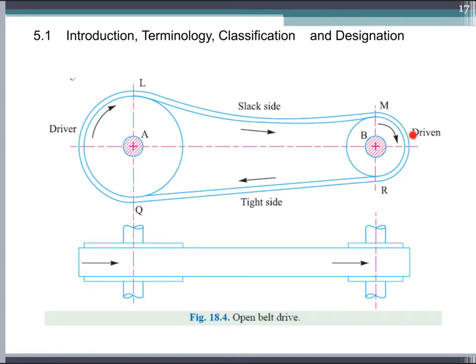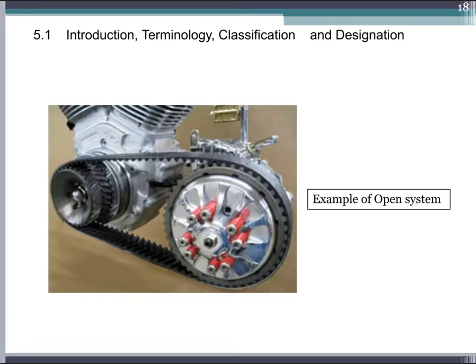And then when the belt reaches R, the driver will pull the belt, so the lower section will always be the tight side because there is power and also motion. But on the slack side, power is less compared to the tight side. So this is the example of an open belt drive system.